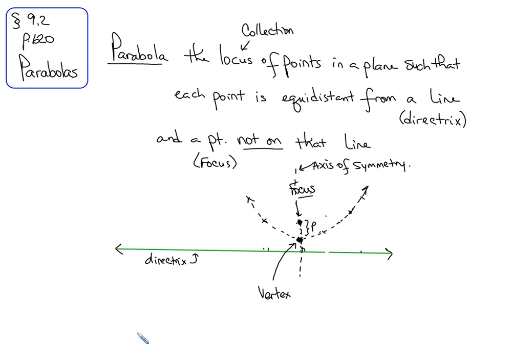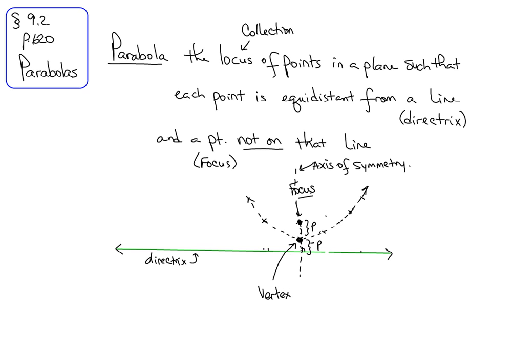This is p. Everybody see that? That's the distance from the vertex to the focus. It turns out that the distance from the vertex to the directrix also has a length of p. But technically, we're going to think of this one as negative p because it's p units, but in the other direction. Everybody see that?